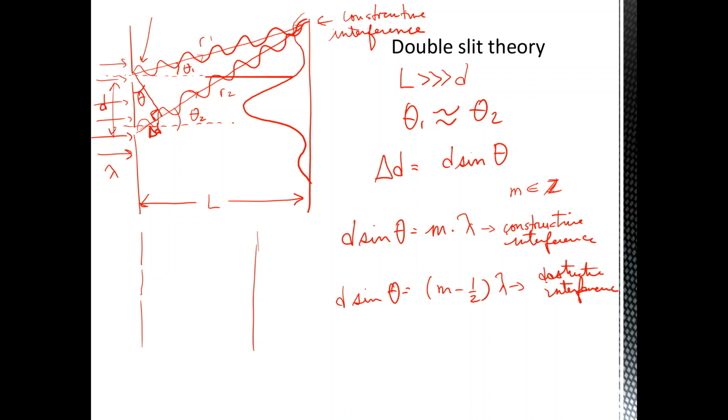Assuming that I had a ray going like this, a ray going like this. If I were to talk about this geometrically, I can say that this angle here is 2 times this angle.